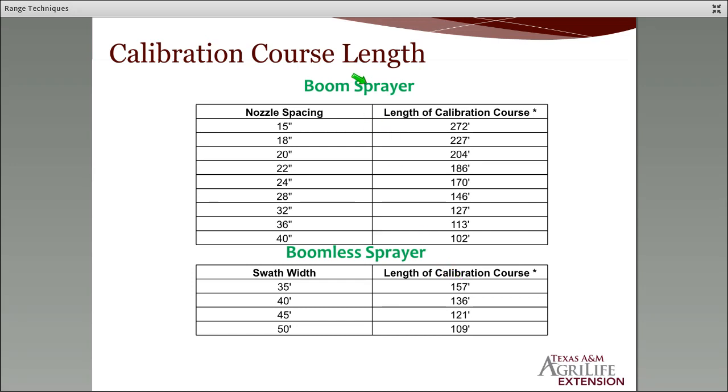Something else to keep in mind: on a boom sprayer, the ounces caught is gallons to the acre. On the boomless sprayer, we're going to catch a lot more liquid. The pints caught equal the gallons per acre.